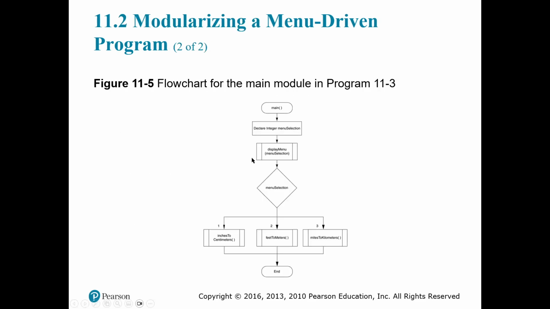Now, here is a little flowchart to show you how your modularized menu-driven program can operate. As you can see here, we have our main, then we're declaring an integer called menu selection, then there is a module called display menu, and then whatever menu selection our user enters here, because it's an integer, we have our 1, 2, and 3 options.